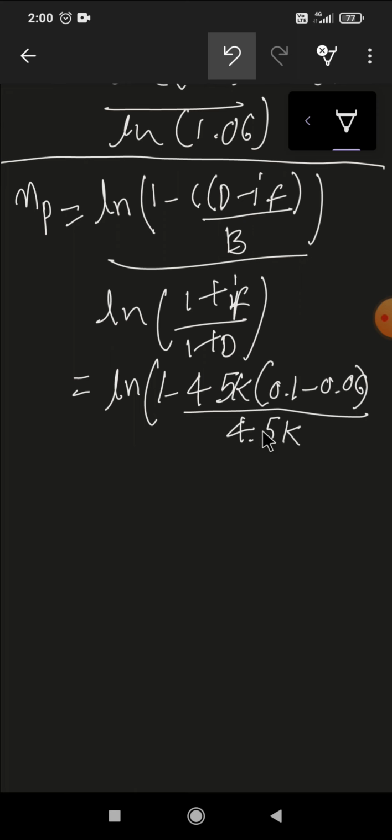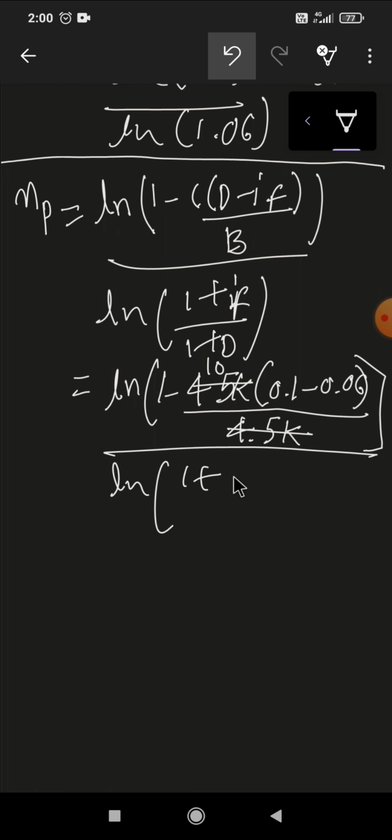This will be 10, divided by ln of 1 plus 0.06 divided by 1 plus 0.1.